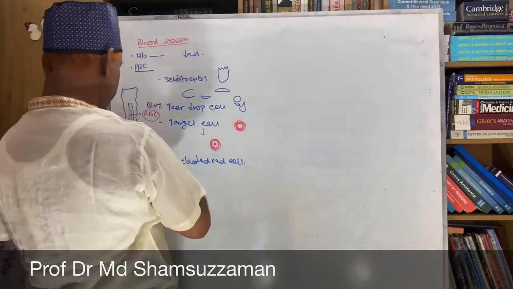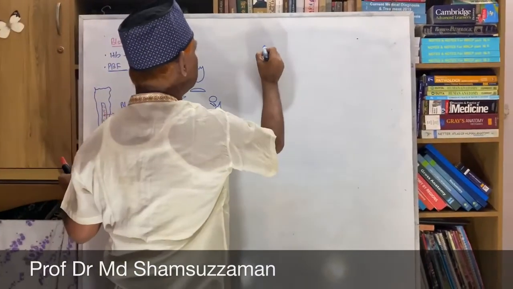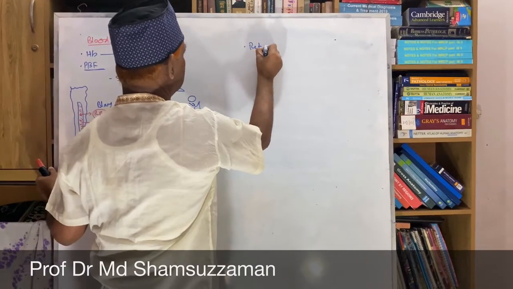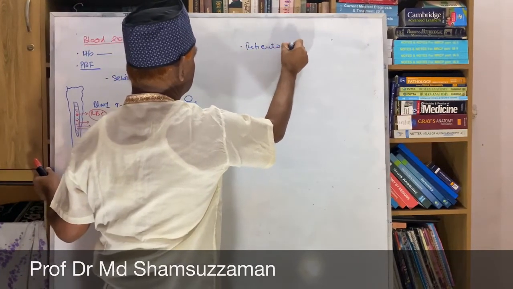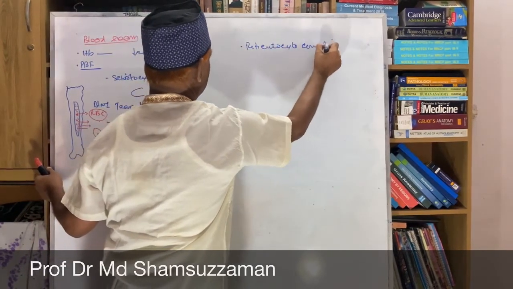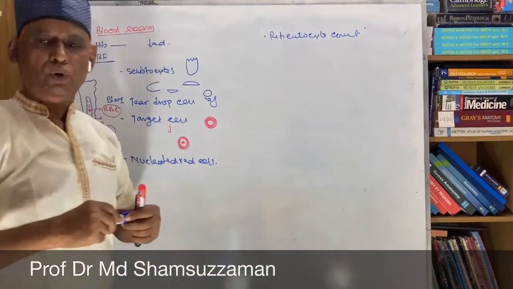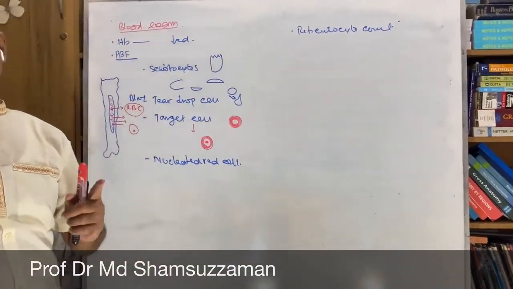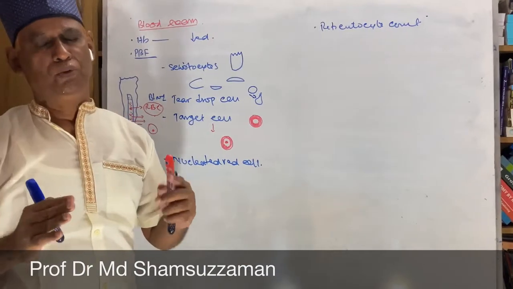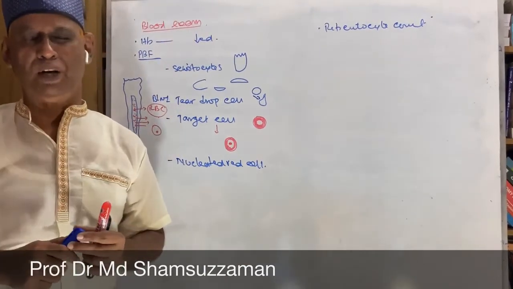Hemoglobin, peripheral blood film. Number 3, reticulocyte count. Dear audience, you know reticulocyte is a normal cell and it is found just before the maturation of RBC.